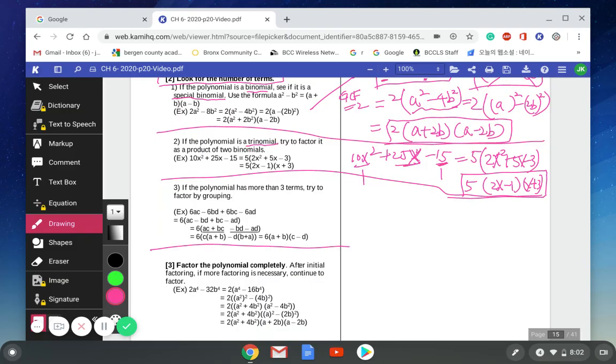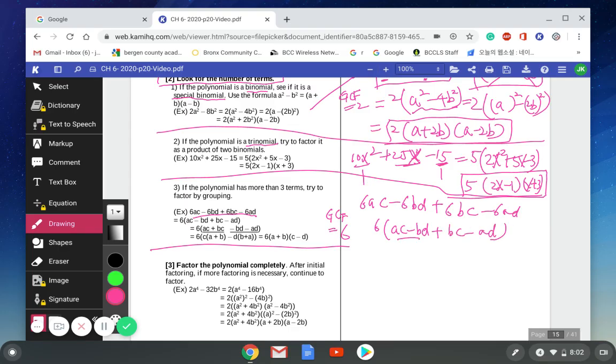So we talked about when you have 2 terms or 3 terms. Now, when you have 4 terms, make sure that you group by 2, unless there is a GCF for all of them, then you factor the GCF out first. So when you have 6AC minus 6BD plus 6BC minus 6AD, we know the GCF for these 4 terms is 6. So take a 6 out, you end up with AC minus BD plus BC minus AD.